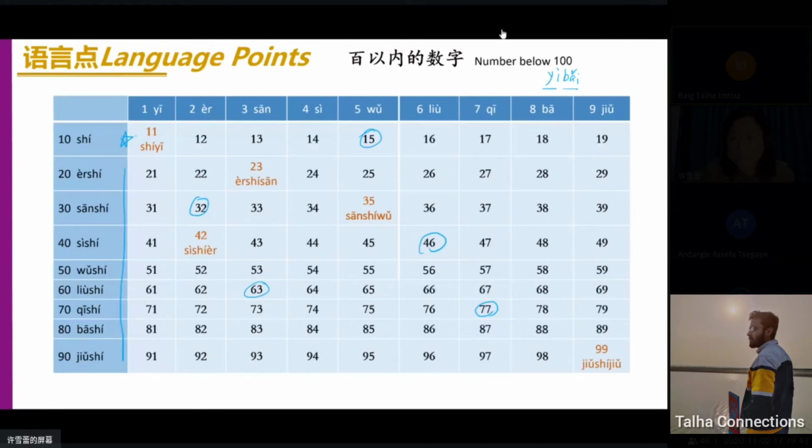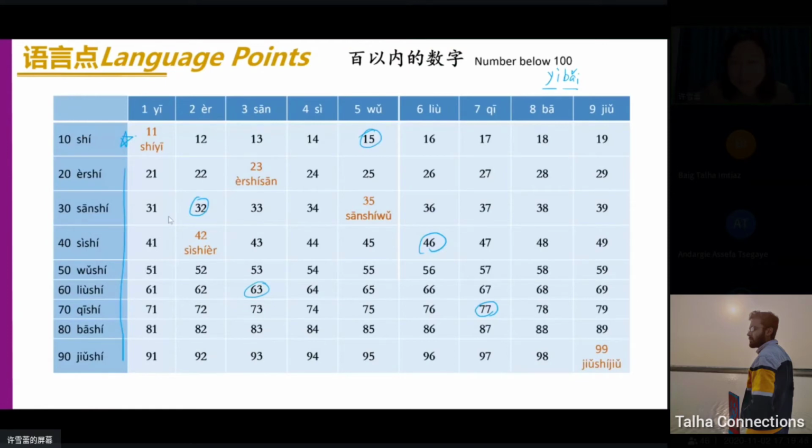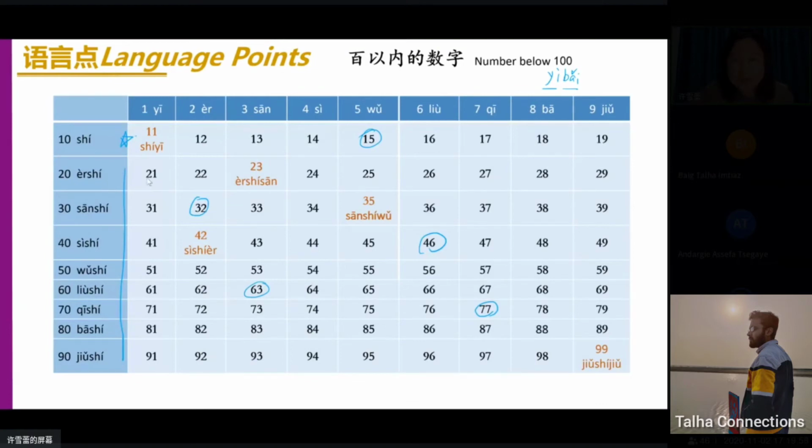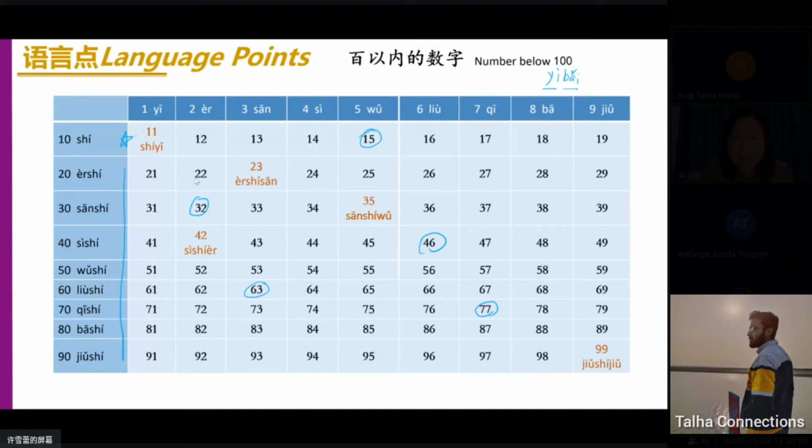Okay. Now, as for the numbers here, let me show you some examples and you will figure out how to read them. Now, 20 is 20, right? 21, 21, 22, 23.